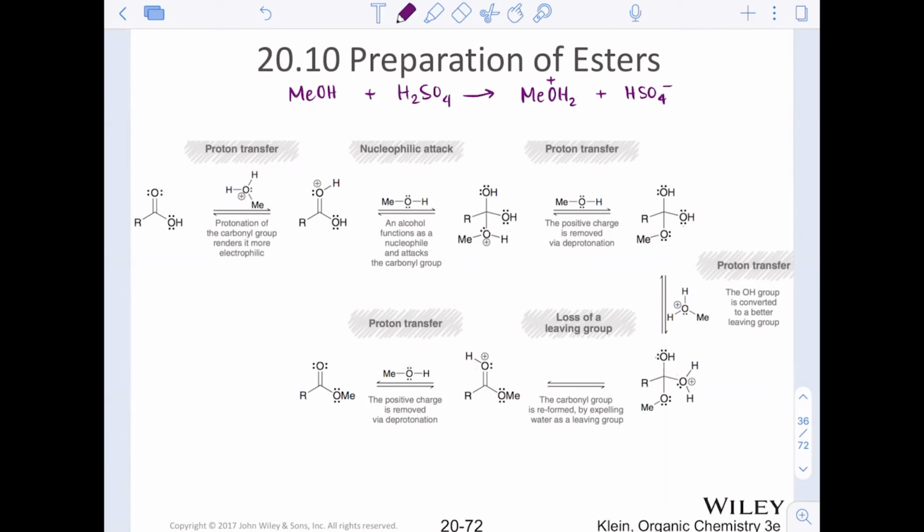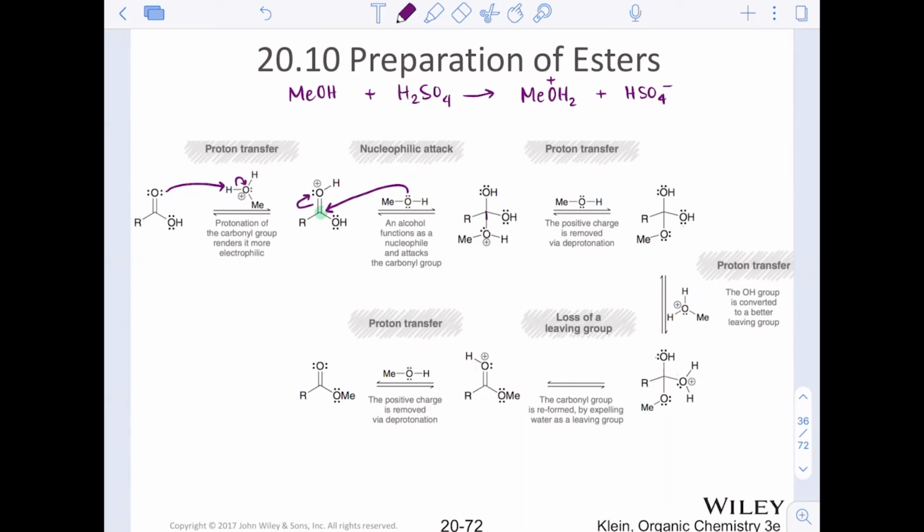All right, so protonate the oxygen of the carbonyl, similar to what we had done before in the previous chapter. What does this do? It makes the carbon of the electrophile more electrophilic. Now our weak nucleophile here, methanol, can come in and attack that carbon, kicking up a lone pair.